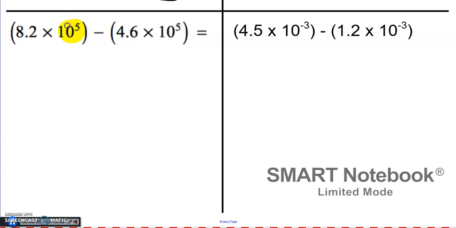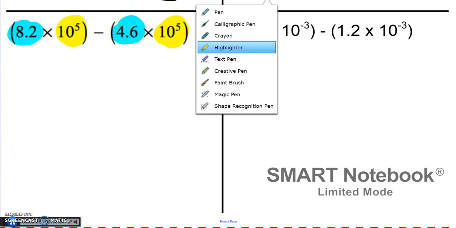So we first want to see with the problem 8.2 times 10 to the fifth minus 4.6 times 10 to the fifth. Are our powers of 10 the same? Yes. We have a 10 to the fifth and a 10 to the fifth. So we can now just subtract 8.2 and 4.6.